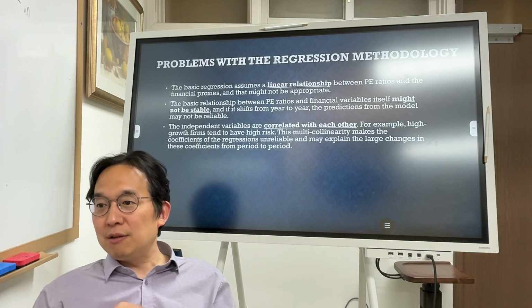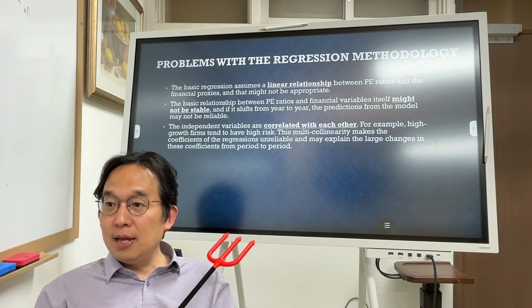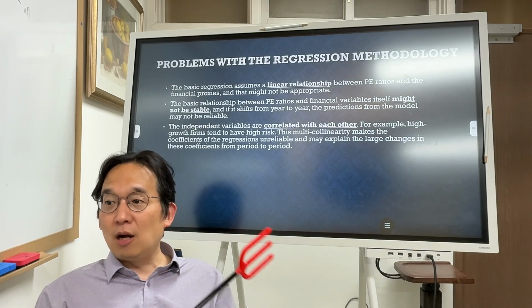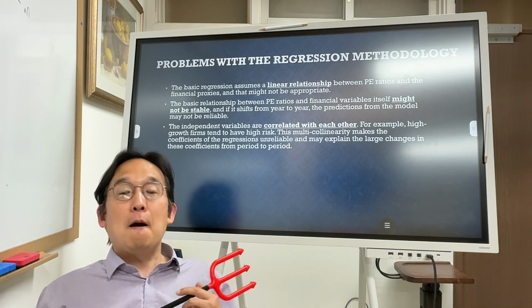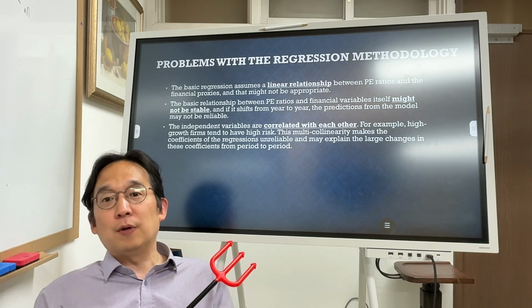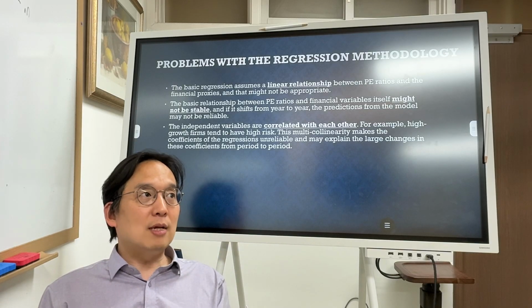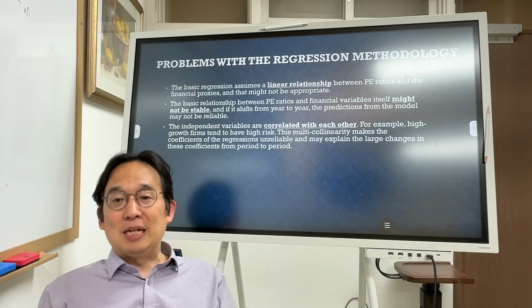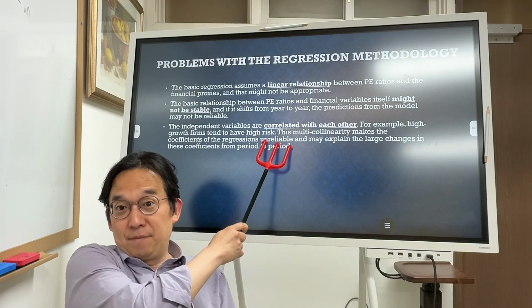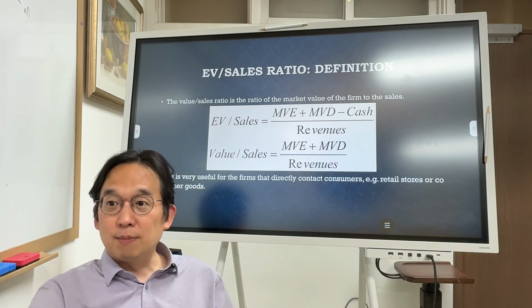This multicollinearity makes the coefficients of the regressions unreliable and may explain the large changes in these coefficients from period to period. As you do this kind of application, you will realize that most of the time we don't find confirming results because of this reason. So that's a caveat you have to think about.